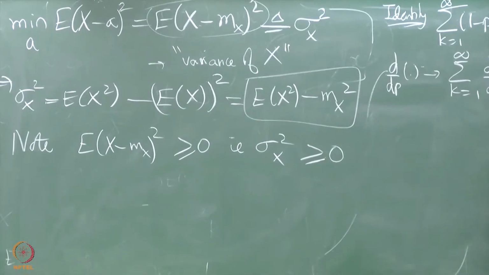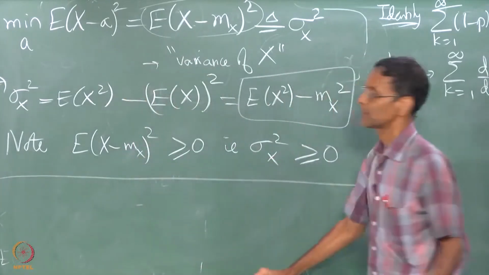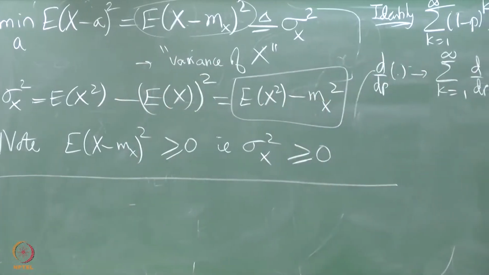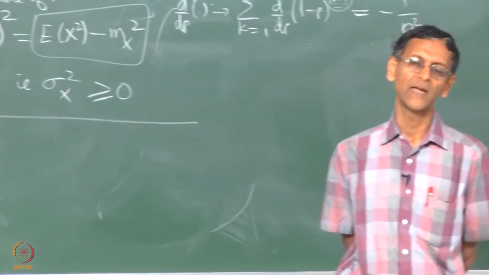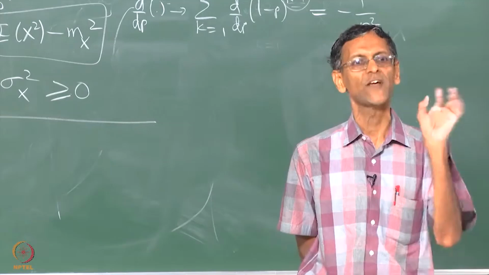That is why, in the Gaussian case, as we said the other day long back, the m parameter does not affect the spread.